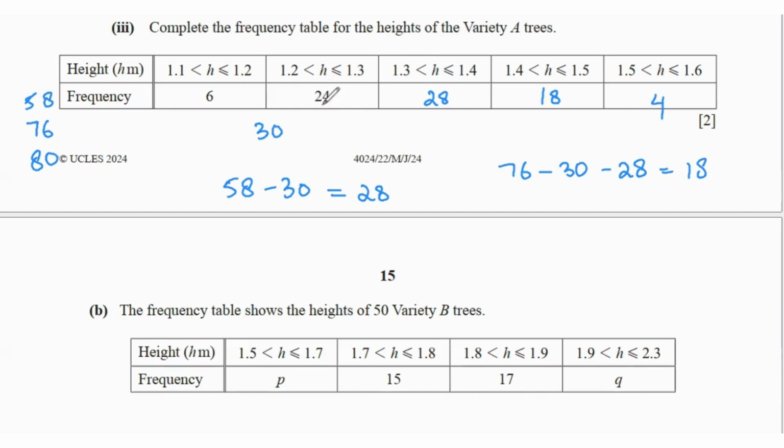So to find the frequency value from 1.3 to 1.4, we subtract 6 and 24 from 58. That gives us 28. And to get the frequency value for 1.4 to 1.5, we subtract 58 from 76, which gives us 18. And for the last one, we subtract 76 from 80, and that gives us 4. So this is how you find your frequency values using a cumulative frequency diagram.